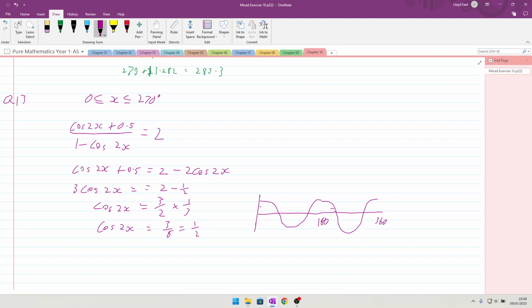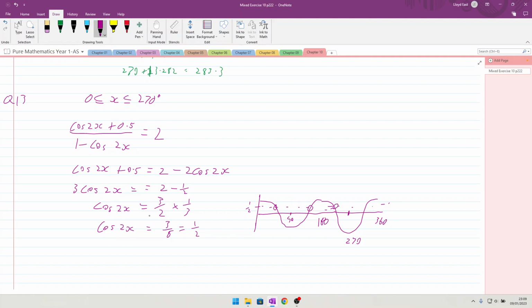Okay, and a half is sat here, running along. Now we are only working to 270. Okay, 90. So we only have 1, 2, 3 solutions.